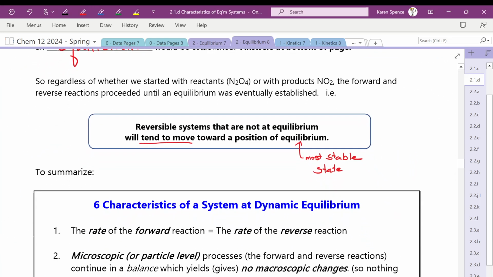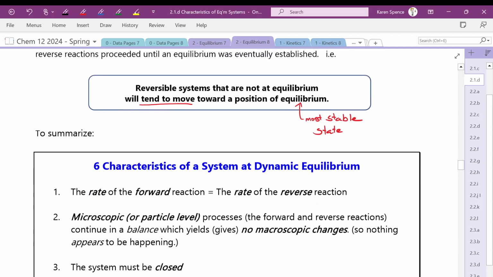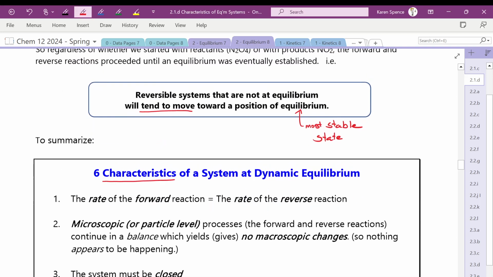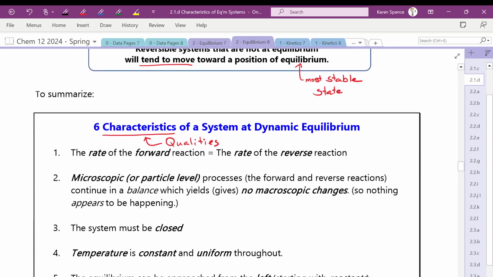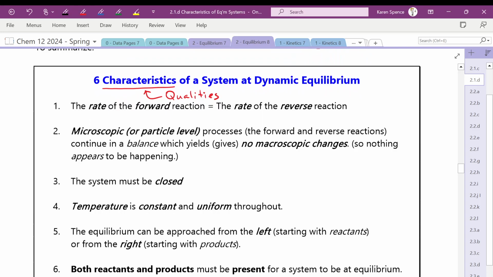Okay, so here we have 6 characteristics or qualities of a system at dynamic equilibrium. Now, what I would like you to do is notice that this is different from the 5 conditions necessary for equilibrium.